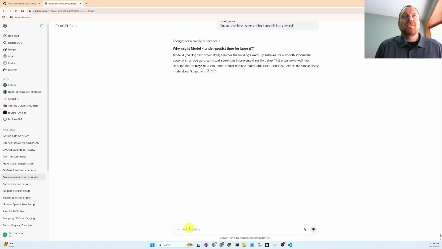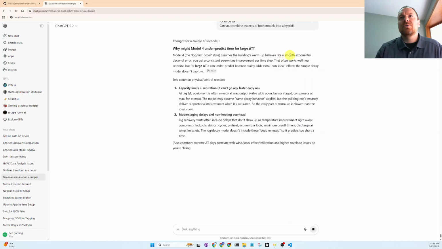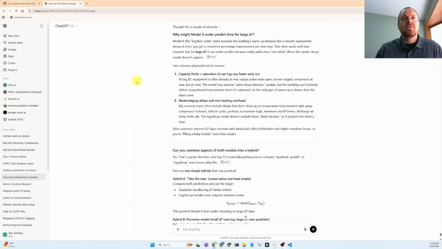The delta T. Model 4, log first order, assumes the building's warm-up behaves smoothly like an exponential decay. You get constant percentage improvement per time step. That often works well near set point, but at large delta T it can underpredict because reality adds extra non-ideal effects to simple decay models. I guess that sounds kind of interesting.